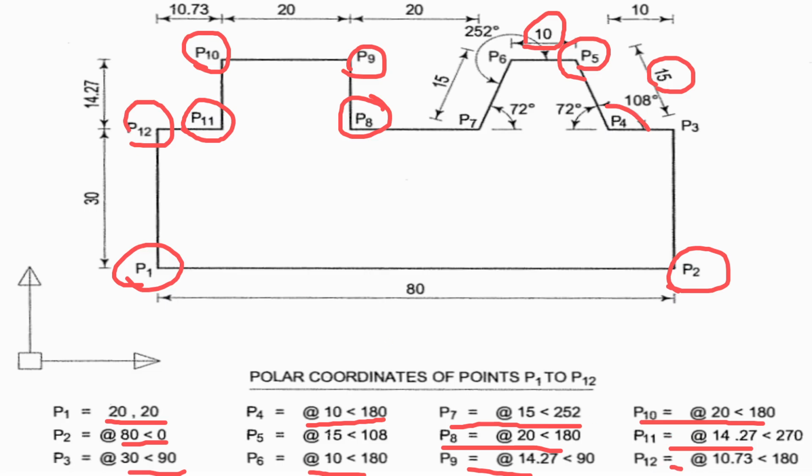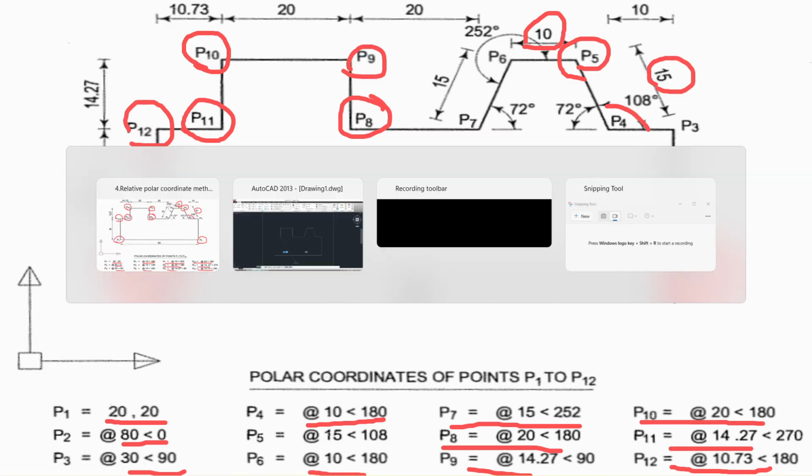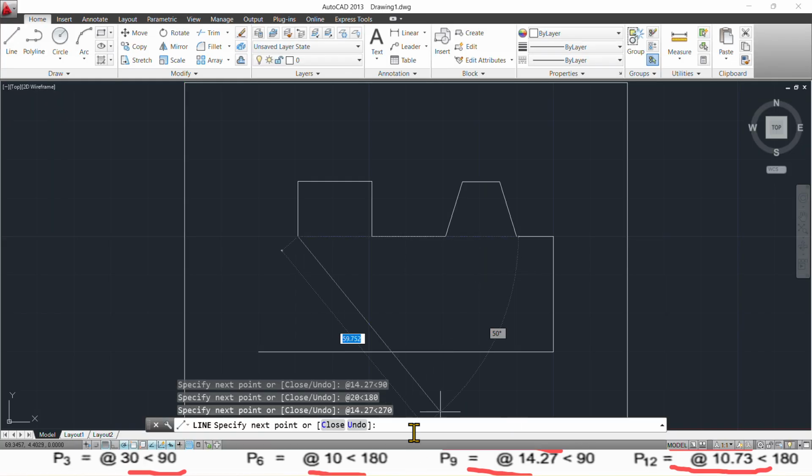P12 is at the rate 10.73 less than, sorry, 10.73 less than 180 degrees.